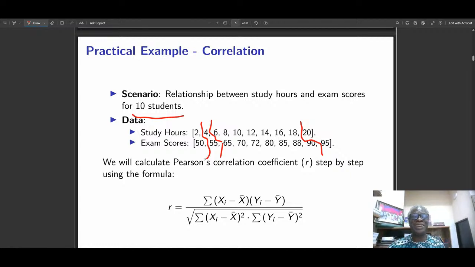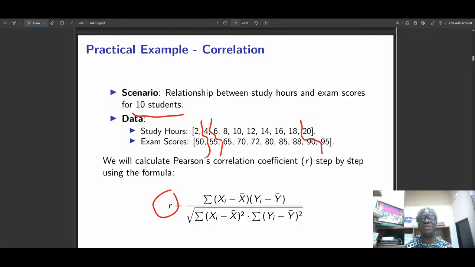So what kind of relationship exists between study hours and exam scores? To do that, we have to calculate the Pearson's correlation coefficient, so we need to look at the step by step for doing that.